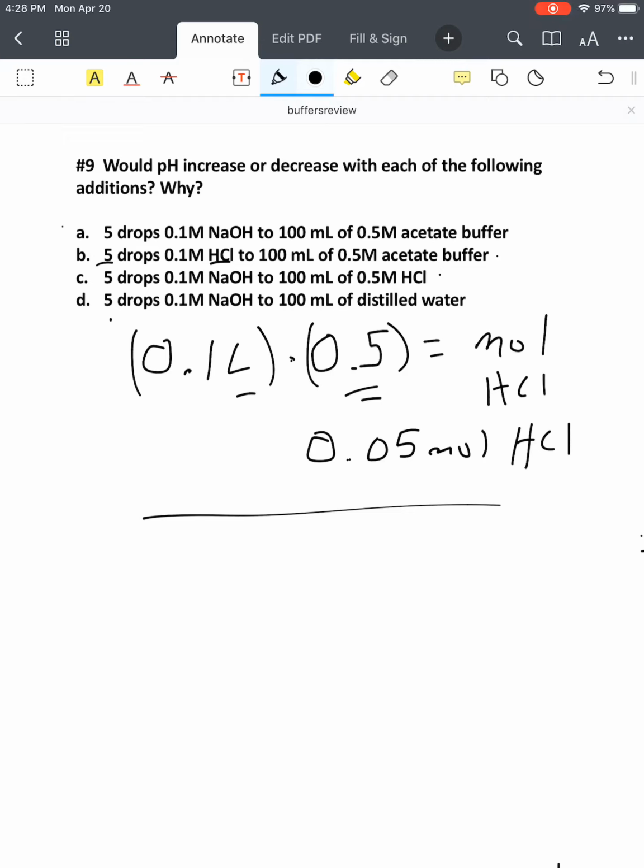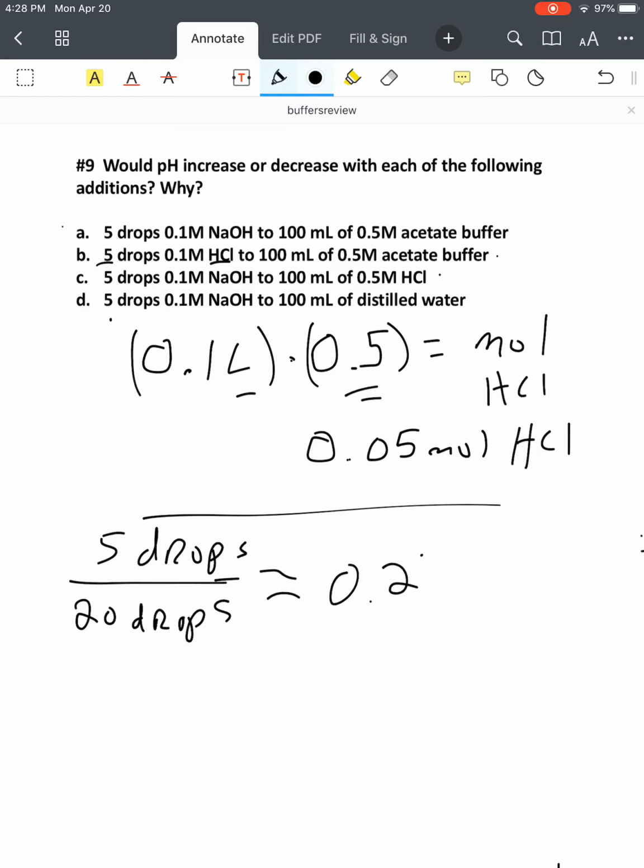Now I already said that about 20 drops is 1 milliliter. So if I'm only using 5, that's about a quarter of a milliliter. Rough estimate, right? So in this case, I could do a quarter of a milliliter, which is 0.00025 liters, if I convert it to liters.